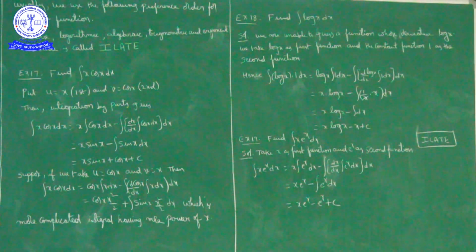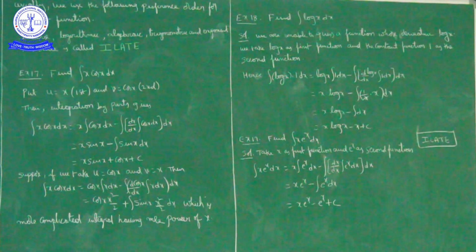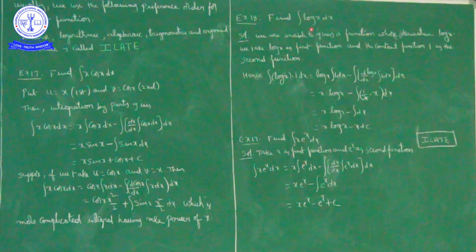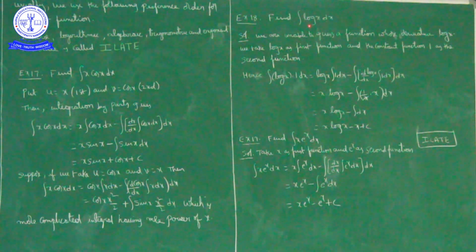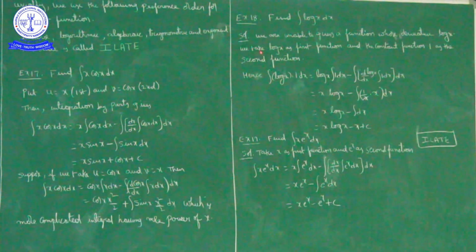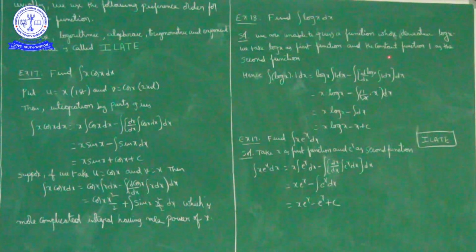Okay. Integration of log x, because log x is not a directly integrable function. In such a case, we will consider log x as the first function and the constant number 1 as the second function.